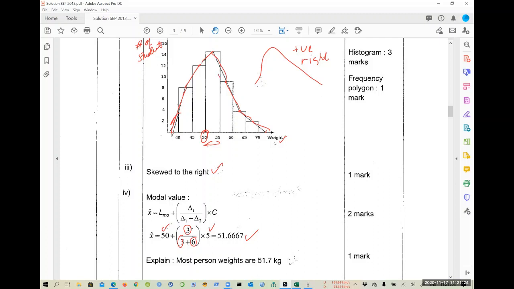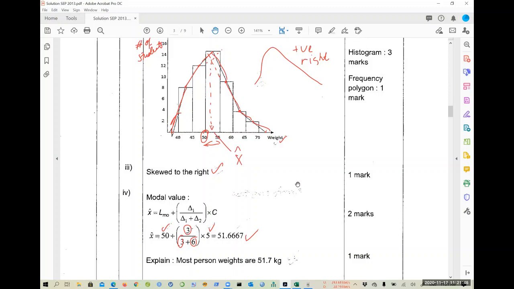So you just draw a line to the diagonal of the highest bar and then find the values at the bottom. Okay, so this will give you the approximate value of x hat.